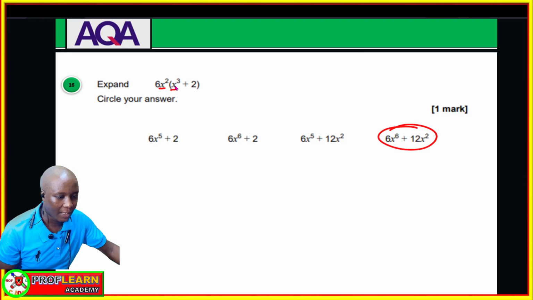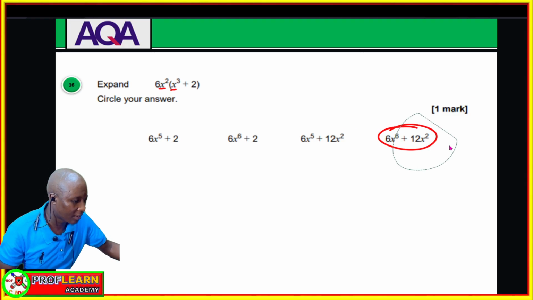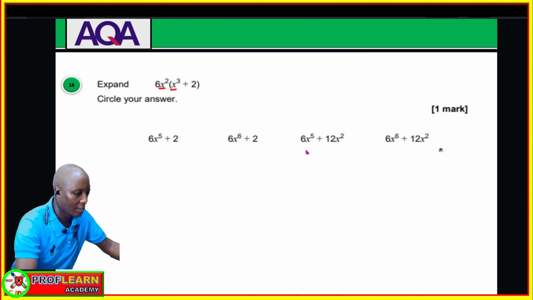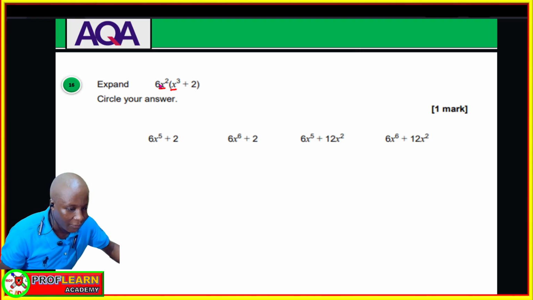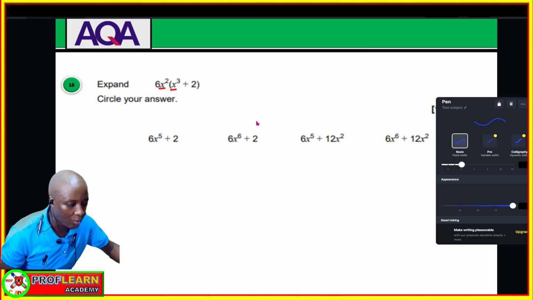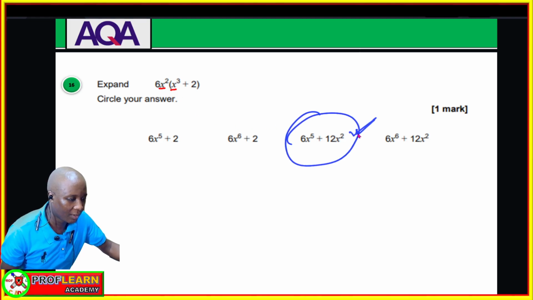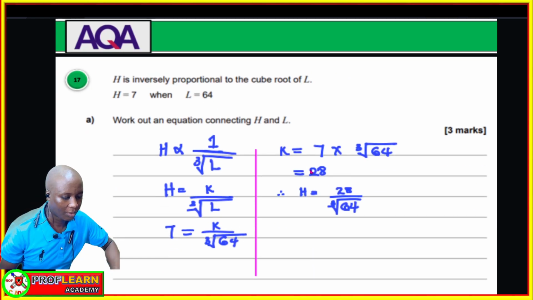So if you open this bracket, 6 times 1 will be just 6, but x squared times x cubed is going to be x power 5. So that's going to be that. So be keen, guys, be keen.